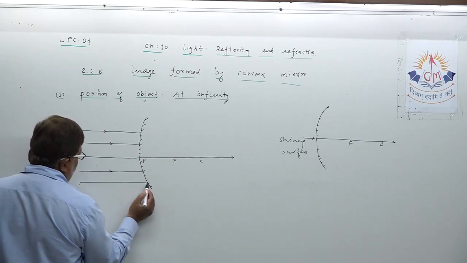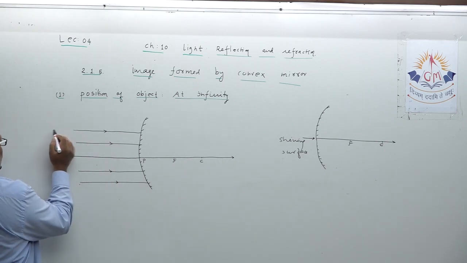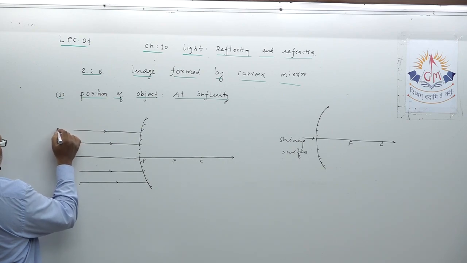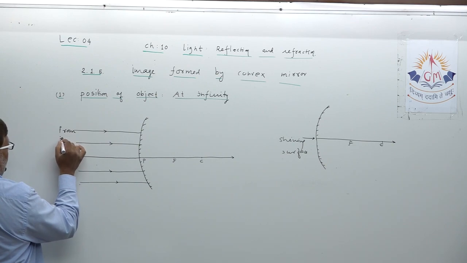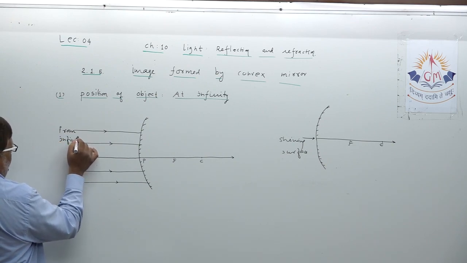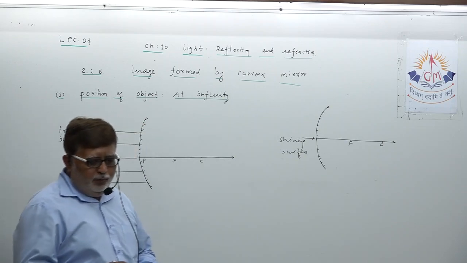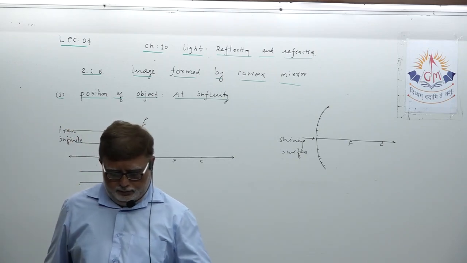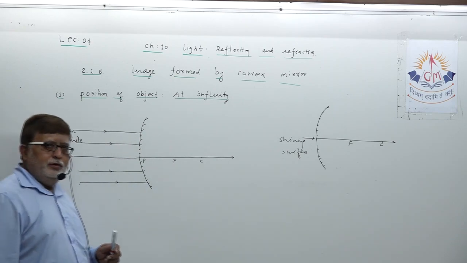Now dear student, try to understand, all these rays of light are coming from infinity. The object is kept at infinite distance, and these parallel rays of light are coming from that distance.